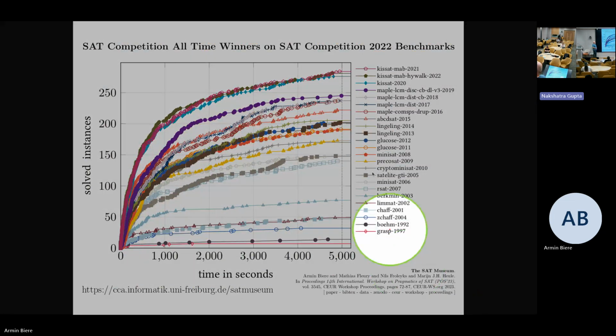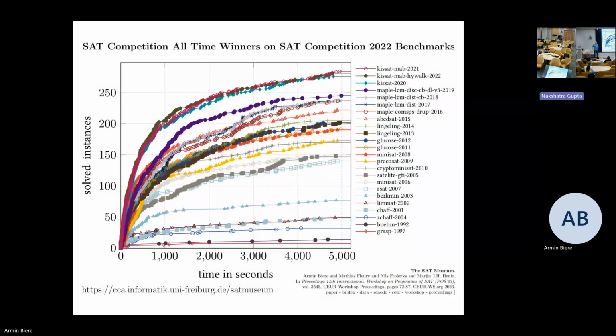As you see here on the right, one per year since 2002 when we started new competitions, but there are some more here, some earlier interesting solvers. For instance, this one, which is a DPLL solver, which won the first competition in 1992.